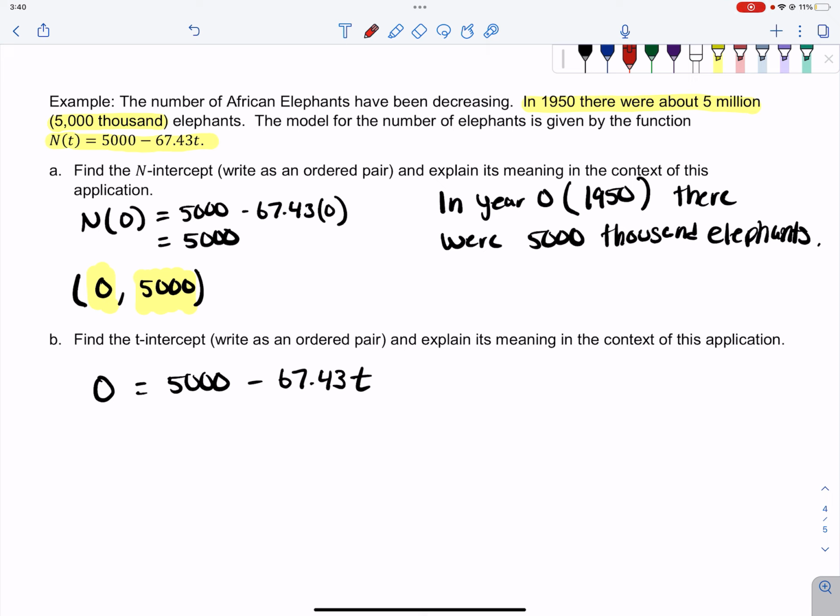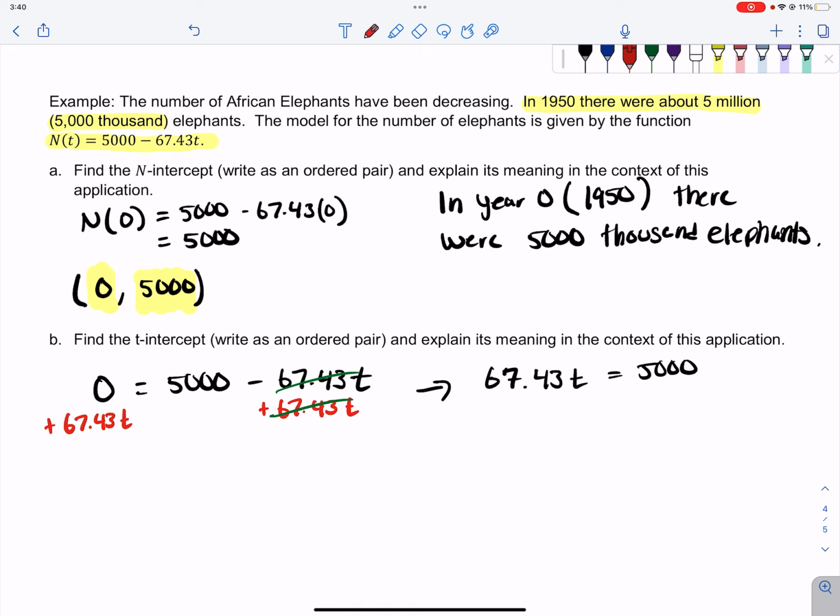To solve this for t, I'm going to add 67.43t to both sides, which gives us 67.43t = 5,000.